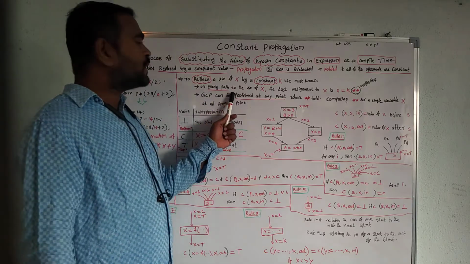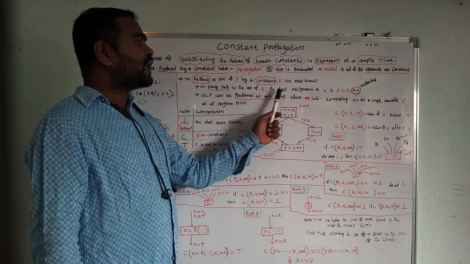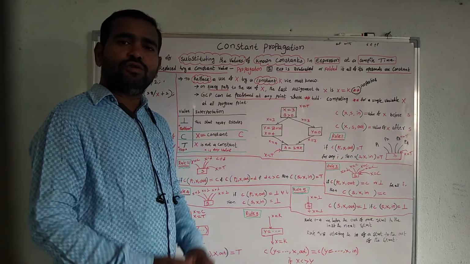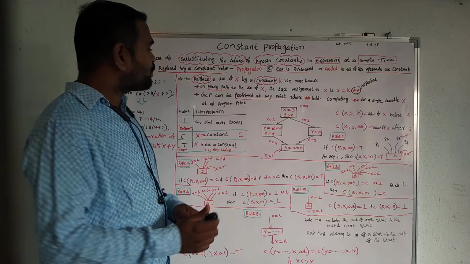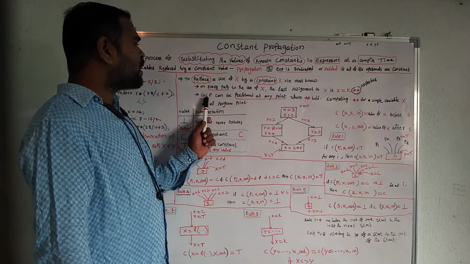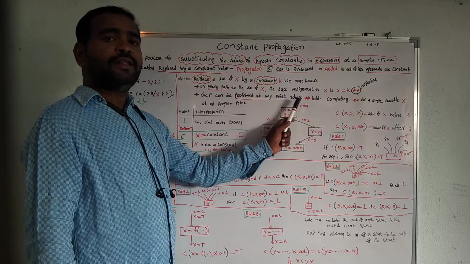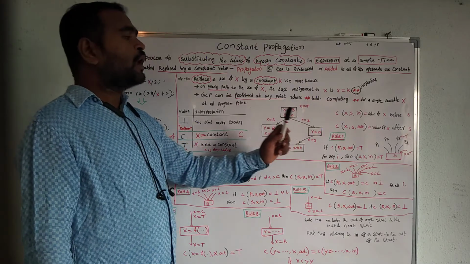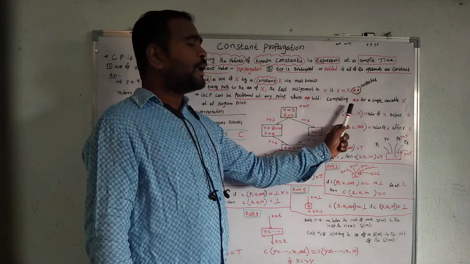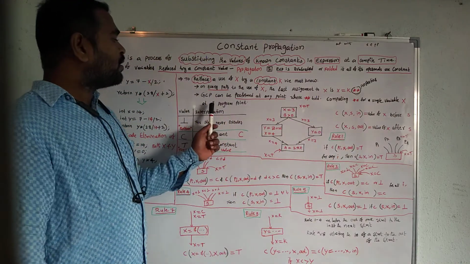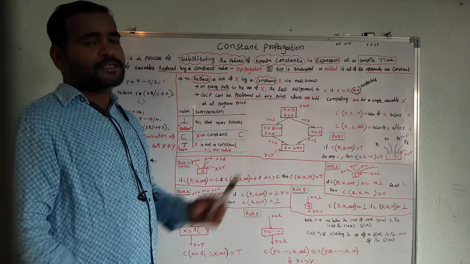On every path to the use of x, the last assignment to x is some constant. Then the global constant propagation can be performed at any point where the properties hold, computing the properties for a single variable x at all programming points.